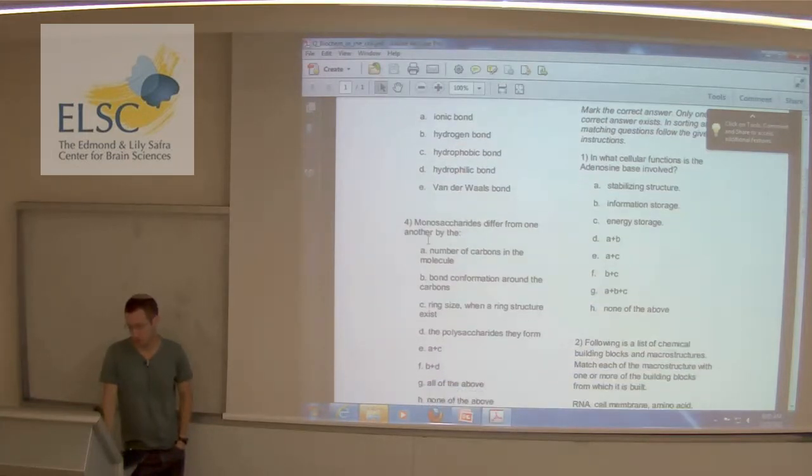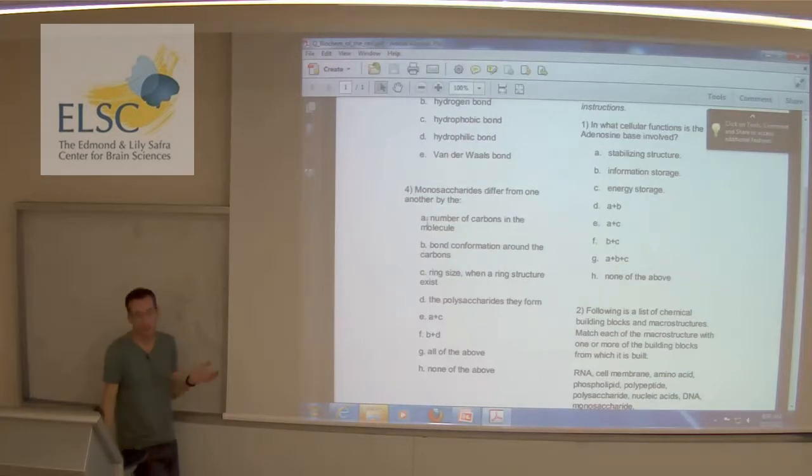Monosaccharides differ from one another in which feature, or maybe by none of them? The first one: would you find different sugars in nature with different numbers of carbons in them? Yes, this feature definitely differentiates between monosaccharides. You find monosaccharides having different bond conformations around their carbons. Again, that's true. Ring size, when a ring structure exists: do you always have to have a pentose or a hexagon, or do you sometimes have one or the other?